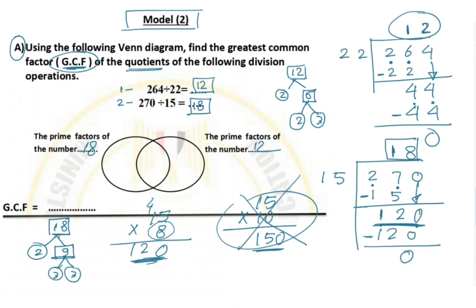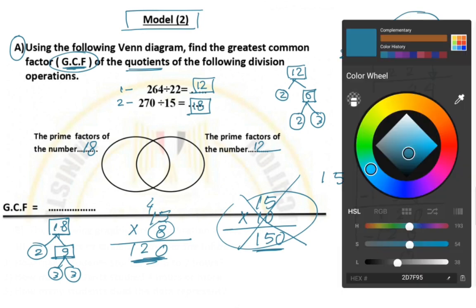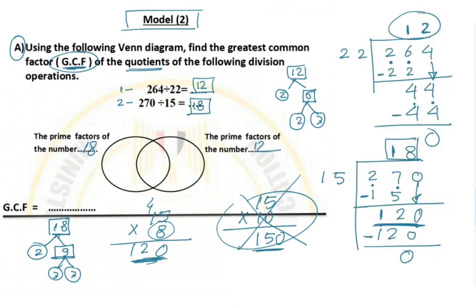Now look with me. Here in the intersection of these two circles, I will write the common factors. Here we have 2 and 2, so I will write 2 here. Here we have 3 and here we have 3, I will write 3 here.